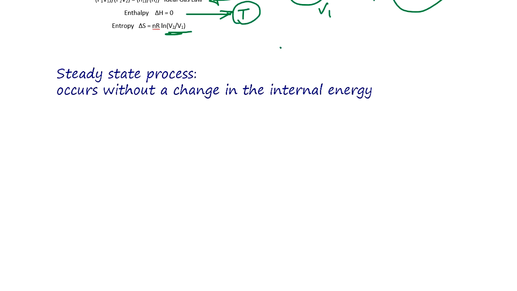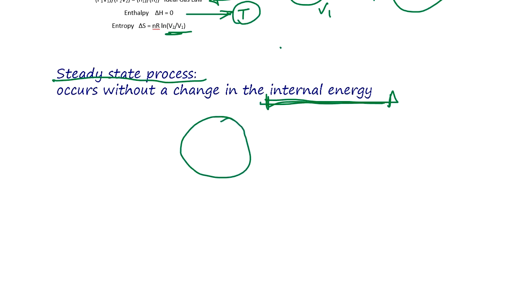Now the term steady state process. What is a steady state process? Steady state process is when the internal energy doesn't change. That's a steady state. Okay, that means U is constant.